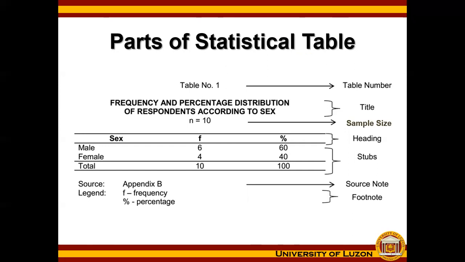And always remember that whenever you do titling, you should be guided by the so-called inverted pyramid format, especially when the title of the table is rather lengthy, such that the placement of the title is more than one line. For example, frequency and percentage distribution of respondents according to sex.